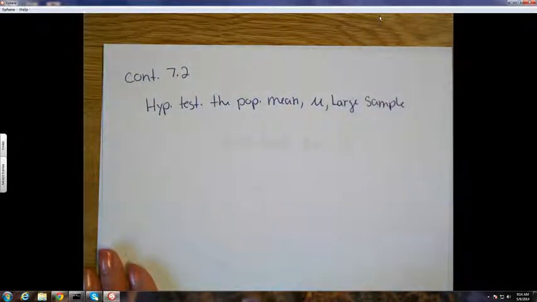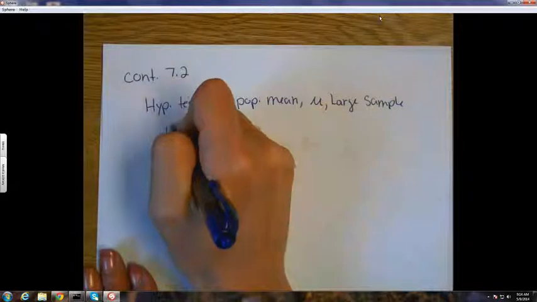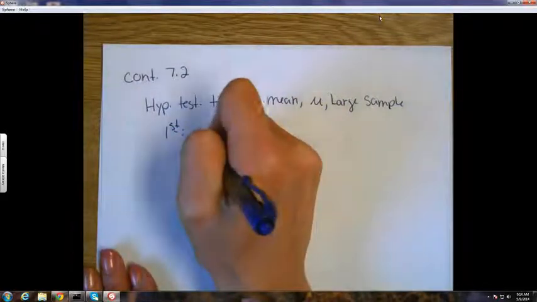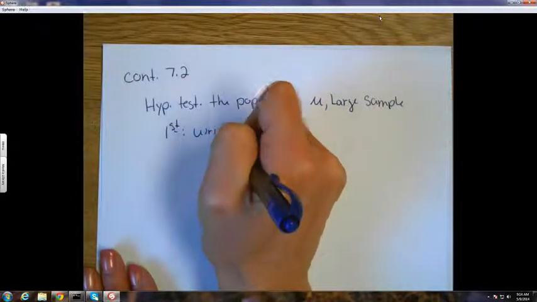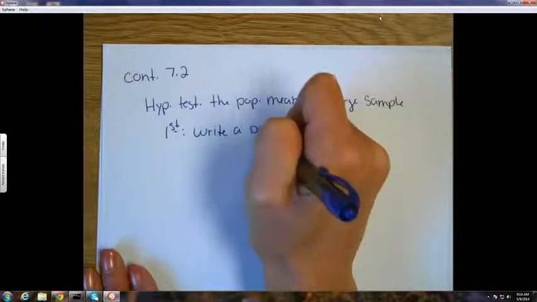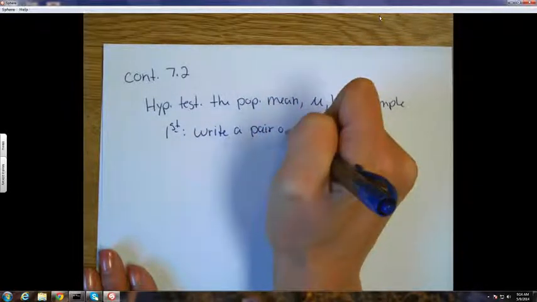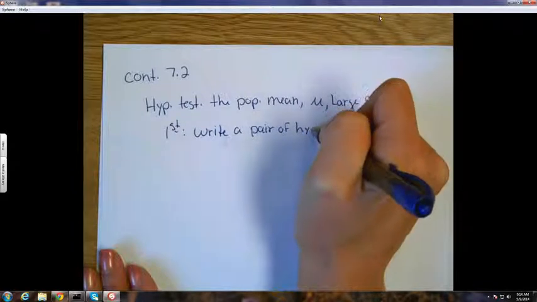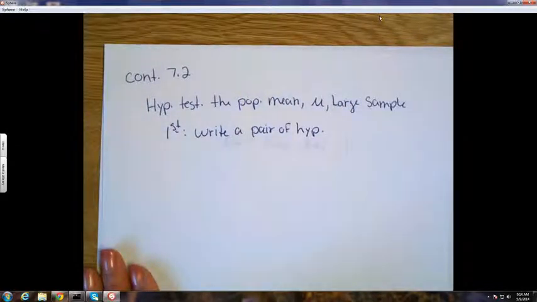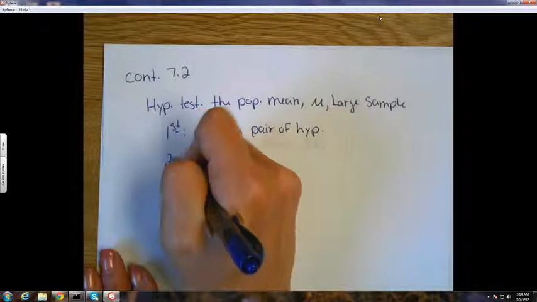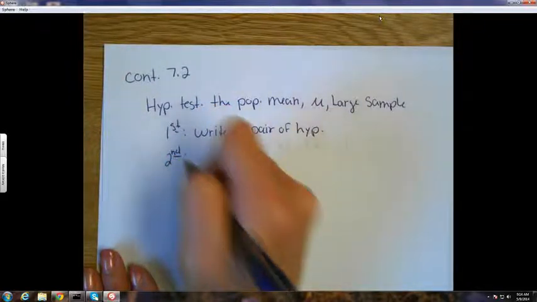First thing you do, write a pair of hypotheses, which you're very good at.